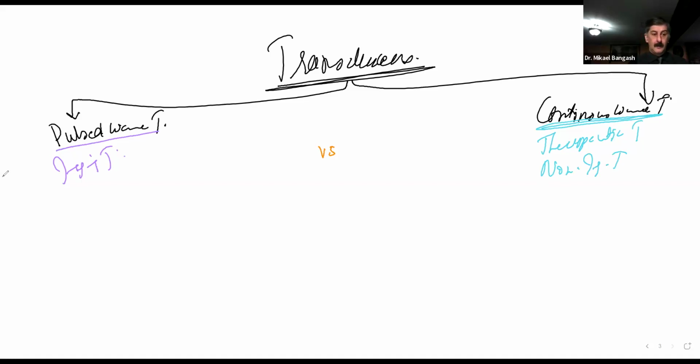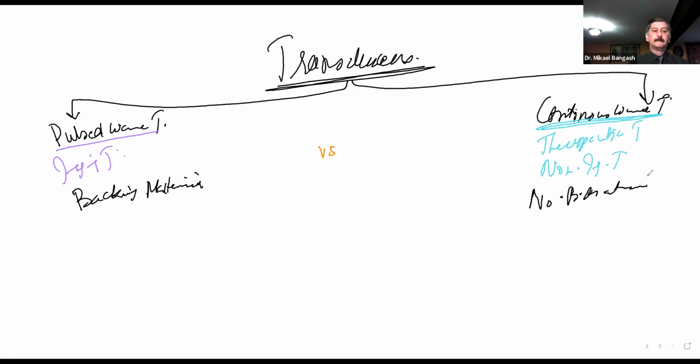Structurally, what we could say is that the pulse wave transducer has backing material, whereas continuous wave transducers have no backing material.